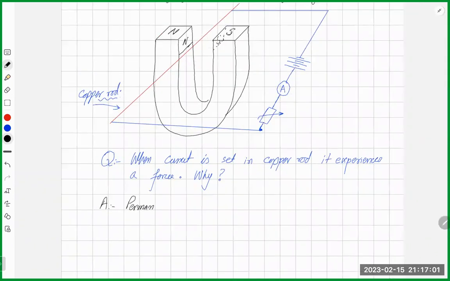Sir, I have a question. Yes. Last lesson you said that whenever a charge is moving, it has a magnetic field. Yes. And now since it is moving through a magnet, will the charge in the wire become faster?